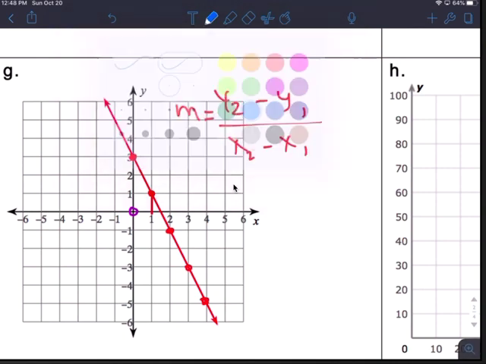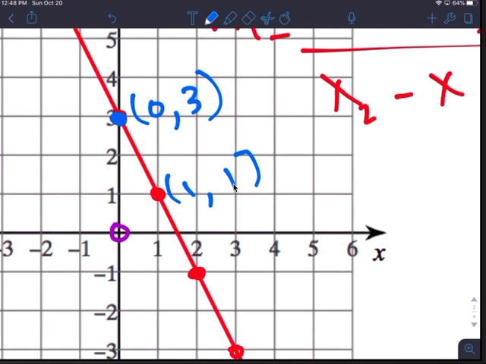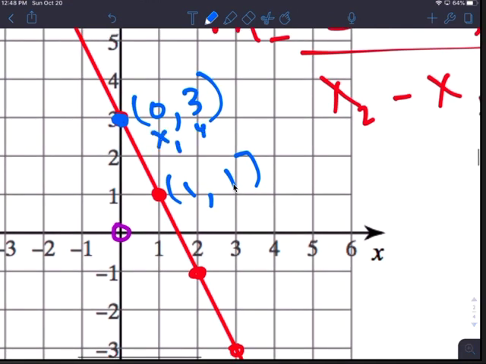We didn't pick a point yet. If we do this one, it's 0, 3. It's called the y-intercept, by the way. And 1, 1. Okay, right there.